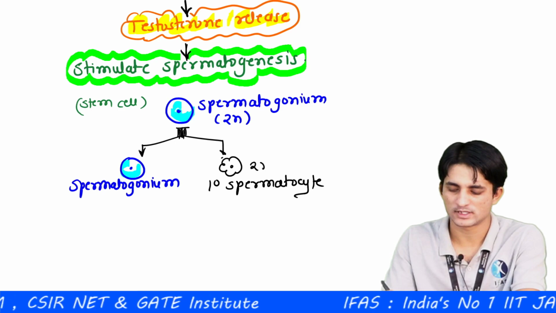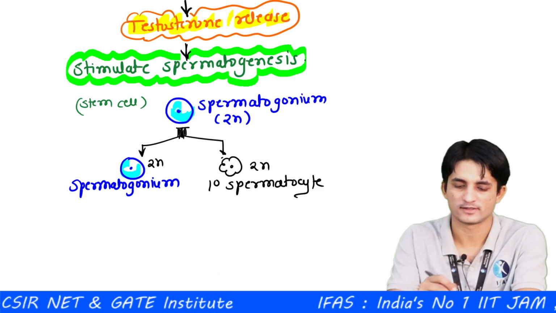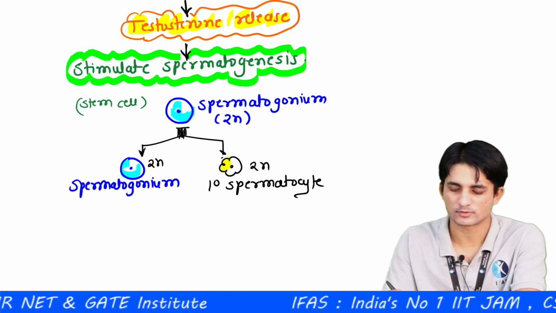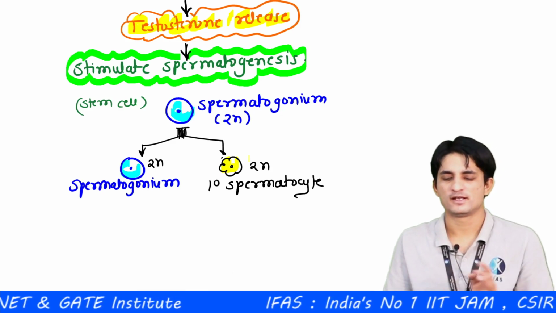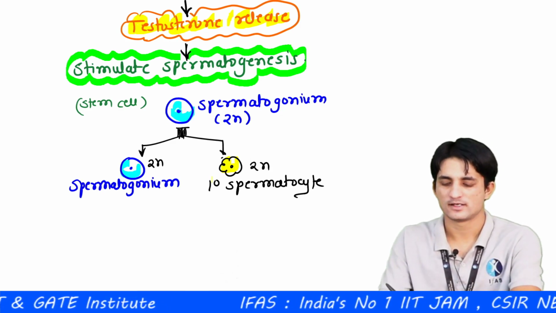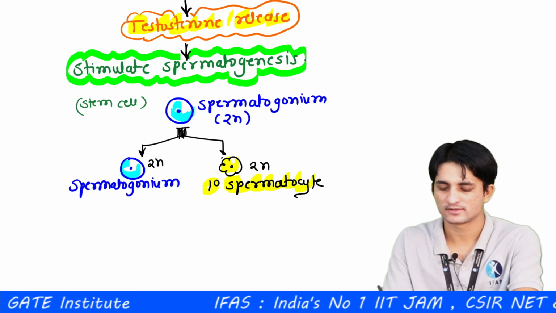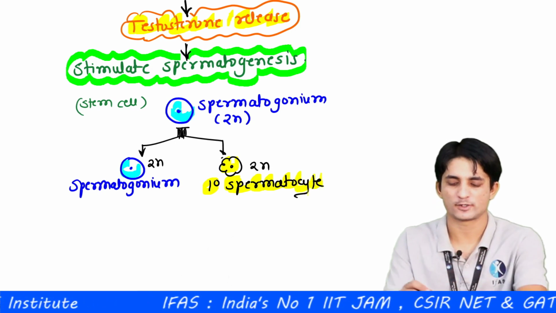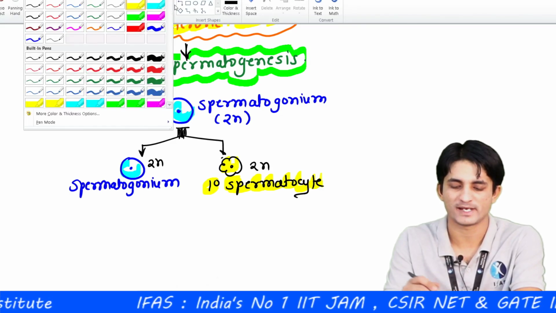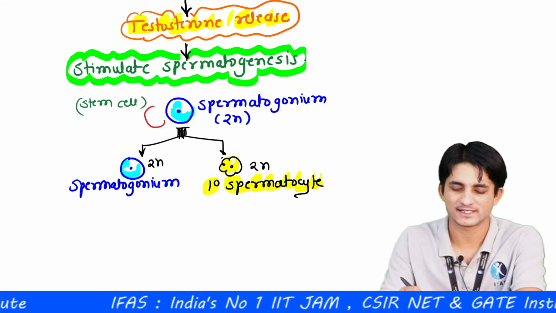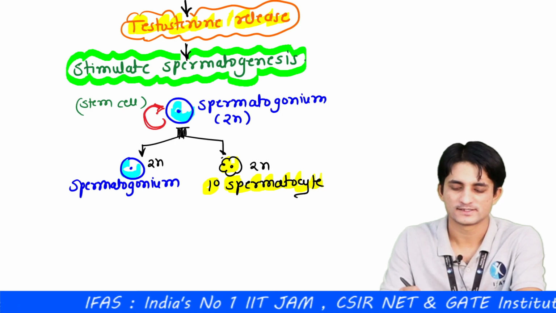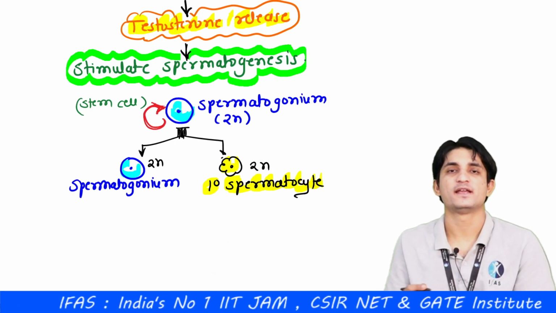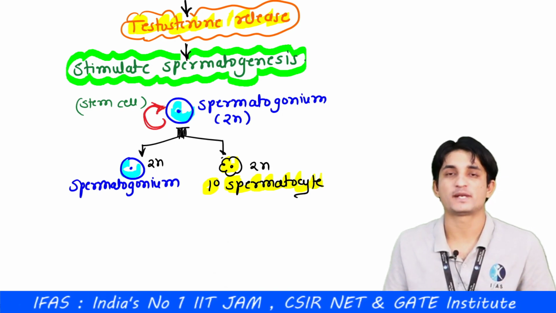This is also diploid because this is the mitosis process. So asymmetric cell division produces the primary spermatocyte, a differentiated lineage cell, plus the spermatogonium, so there is self renewal.